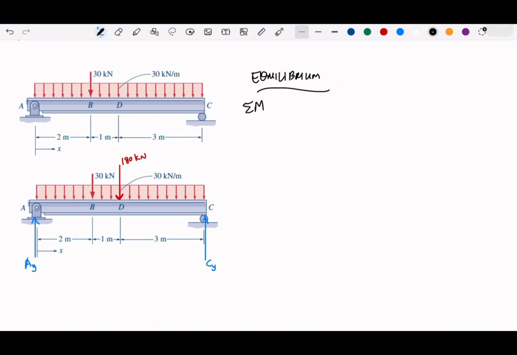So sigma moment, we can do from C, we can do from A, it doesn't matter. Let's say we do from C. So Ay, and let me make this rotation positive. So Ay multiplied by 6, and then we have negative 30 kilonewton multiplied by 4, and then the same negative, and then 3, and what else?